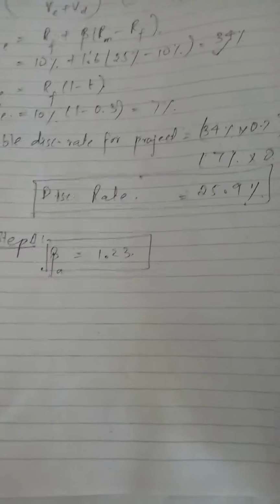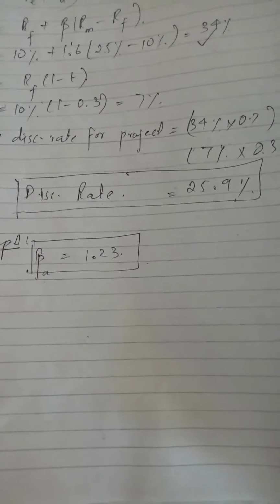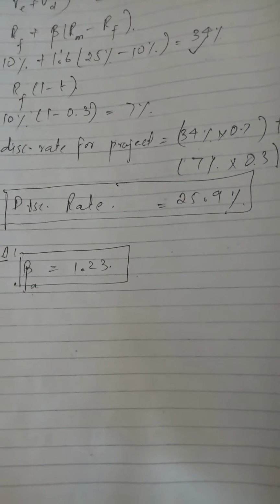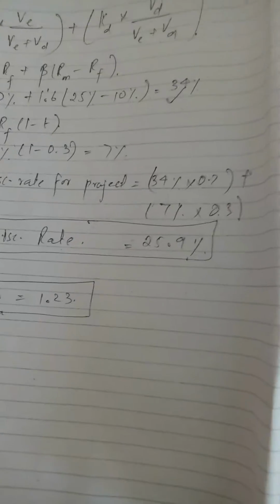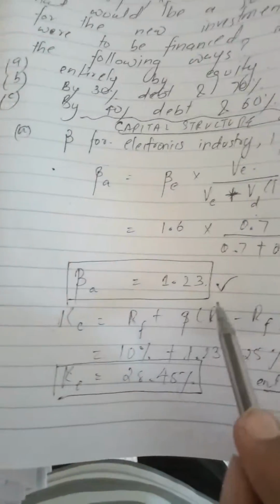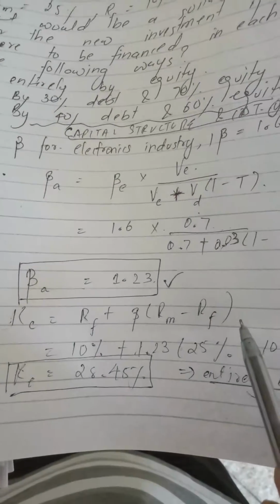So we work the equation backwards to calculate the cost of equity for an electronics company with 60% equity and 40% debt. We have the asset beta, which we calculated in our first part for the electronics industry.